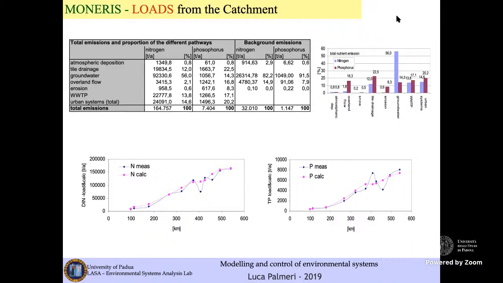I remind you, this is a very large river catchment, more than 70,000 square kilometers, and we have built a very complex model in which we use a huge amount of information that was not of very low quality, but nevertheless we obtain some indication concerning what is happening in the basin and which are the sources on which you may act in order to reduce the total nutrient loads.